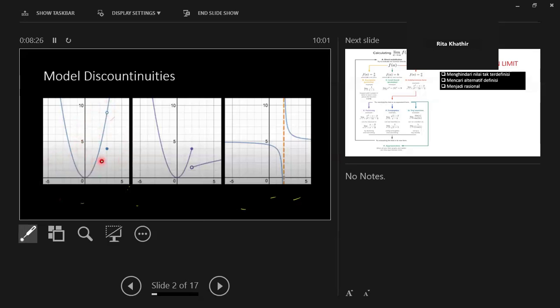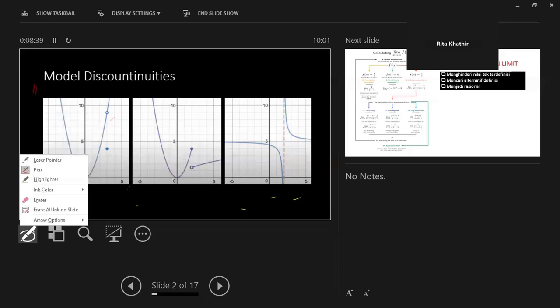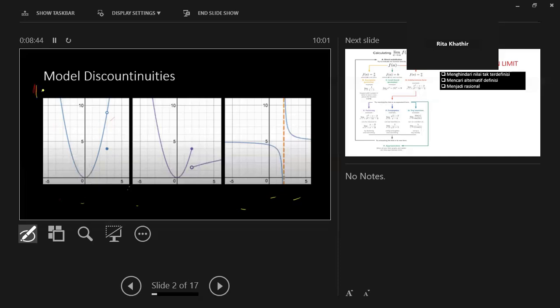So something like that. And for these types of discontinuity, for number 1, the first model of discontinuity we call point removable. Because you see, we have the problem with one point that we cannot determine.